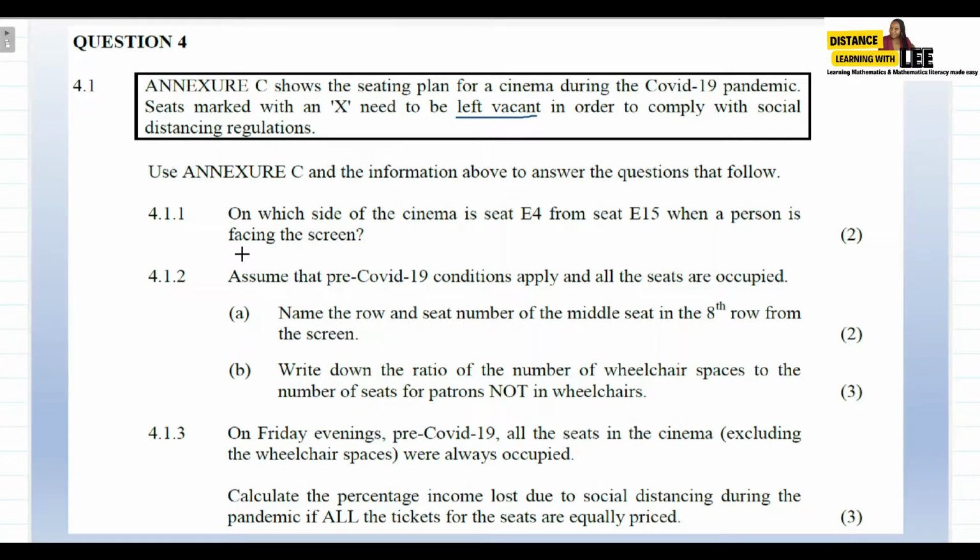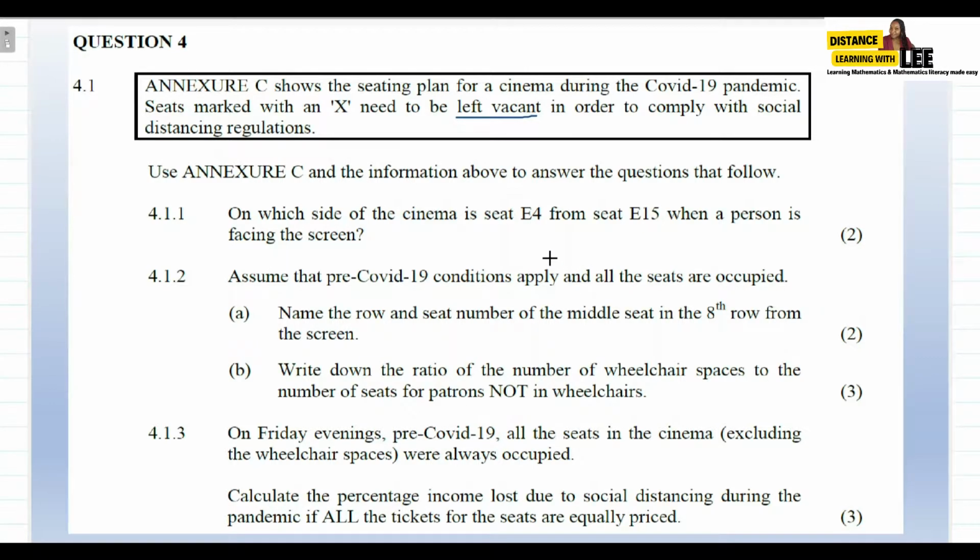Question 4.1.1. On which side of the cinema is seat E4 from seat E15 when a person is facing the screen? With these types of questions, guys, it's very important that you know what your point of reference is, or in other words, what your starting point is.